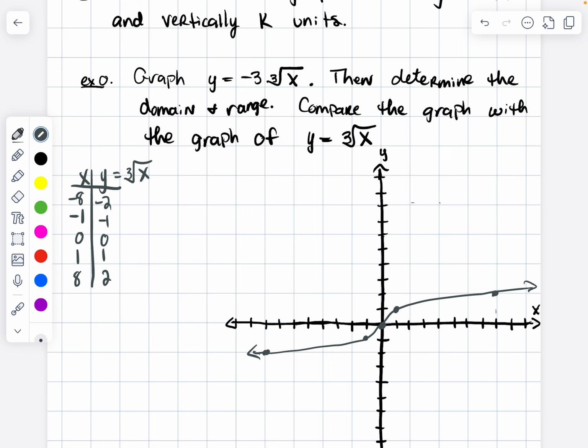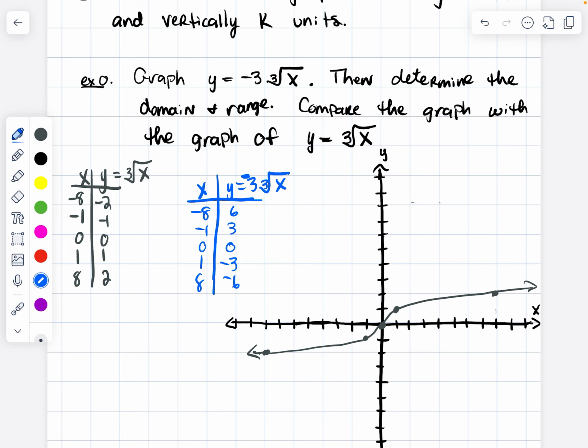And then our graph of, let's say, y equals -3 times the cube root of x is going to be something a little different. We still have our -8, -1, 0, 1, 8. But our y is going to be, for instance, if we get out -2 here, multiply that by -3, that would be +6. And then -1 times -3 would be +3. And then 0, and then -3, and then -6.